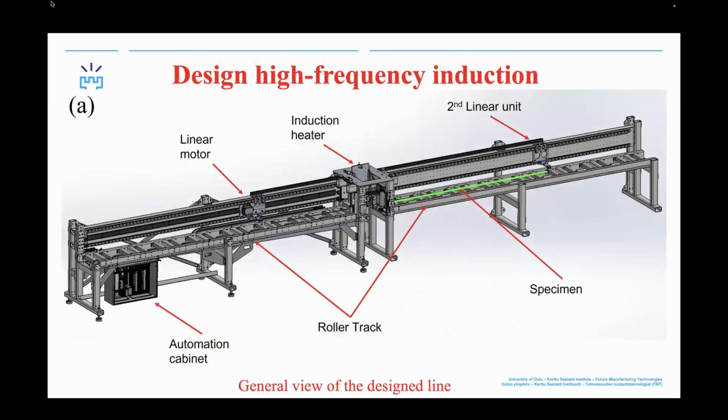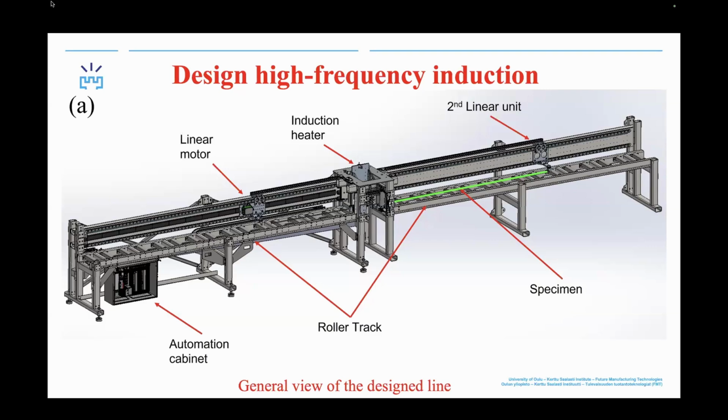The Gleeble simulator normally uses a very small sample. But on this line we have a new design using flash annealing with high frequency induction. This is our sample. It can be a very long sample, 10 meters, and the width can be 100 millimeters. But we don't apply this in this work.